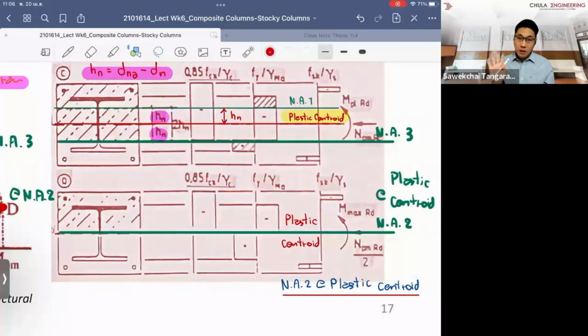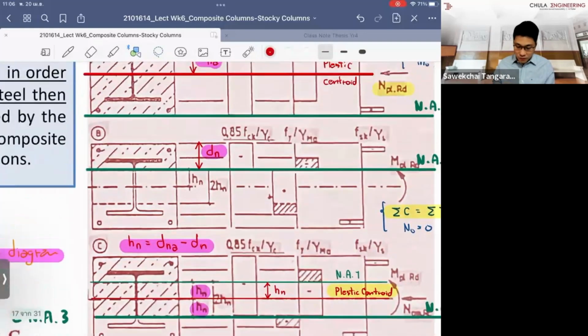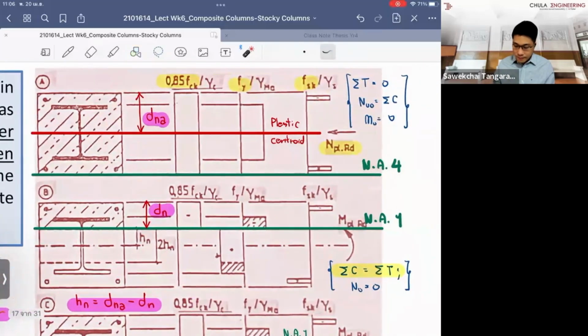So you get the location of the plastic neutral axis, the neutral axis depth, and based on this, anything that sits above the neutral axis depth will form the compression stress.